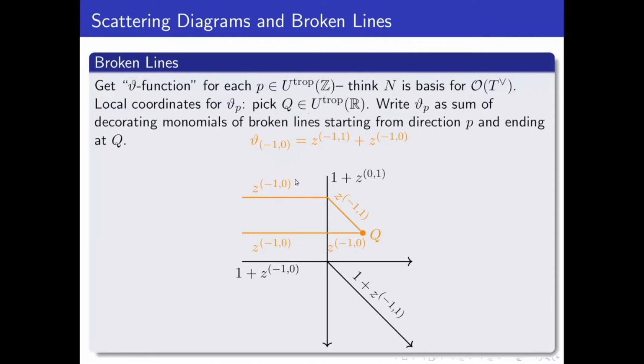So our initial exponent vector is minus 1, 0. Our initial decorating monomial is z to the minus 1, 0.